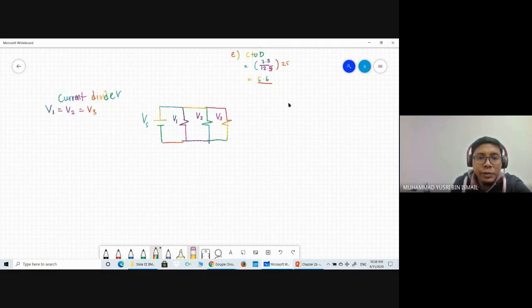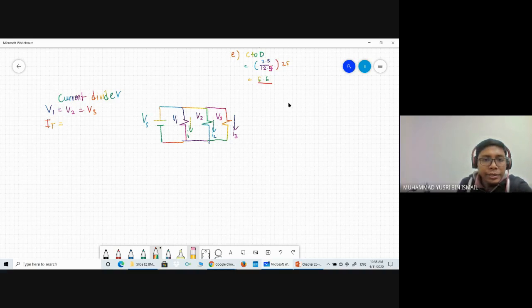Okay, V1 is equal to V2 equal to V3. And then for current, I total is equal to the current flow at I1, I2, and I3.